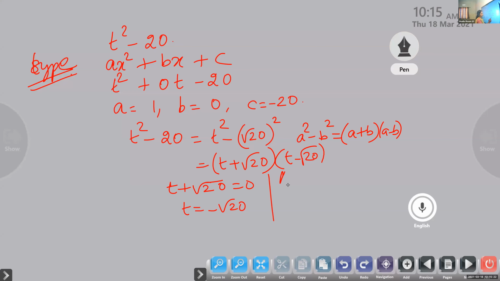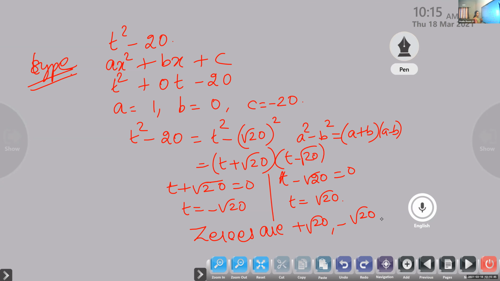Similarly, t minus root 20 is 0, so t is root 20. Therefore, the zeros are plus root 20 and minus root 20. So finding the zeros is over.